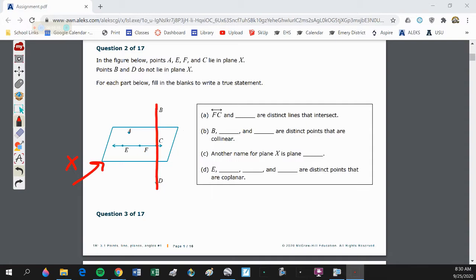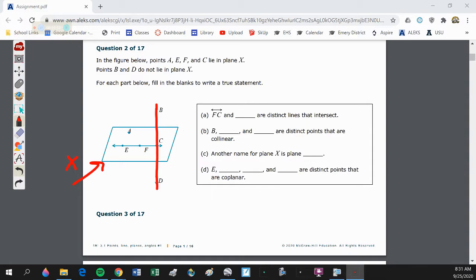Okay. So we call this plane plane X, but another way to name a plane is to name 3 points that are in that plane. If I just pick 2 points, how many planes go through those 2 points? So how many ways are there to get a piece of paper to touch those 2 points? An infinite amount.